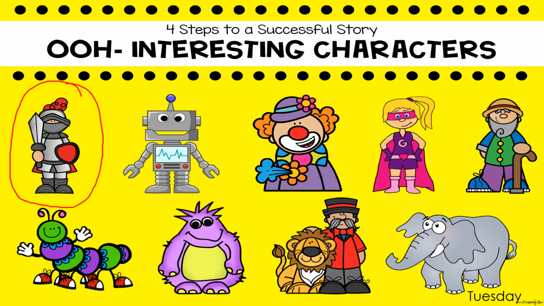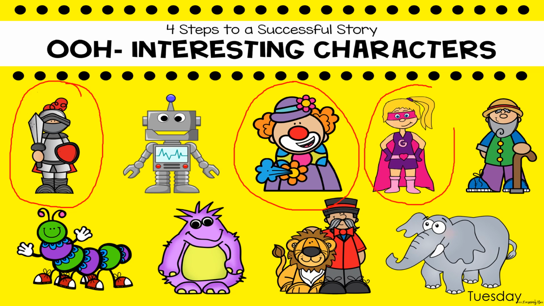We might have a very funny clown character that does silly things. We might have a superhero that comes to help solve the problem. We might have a funny purple furry monster.